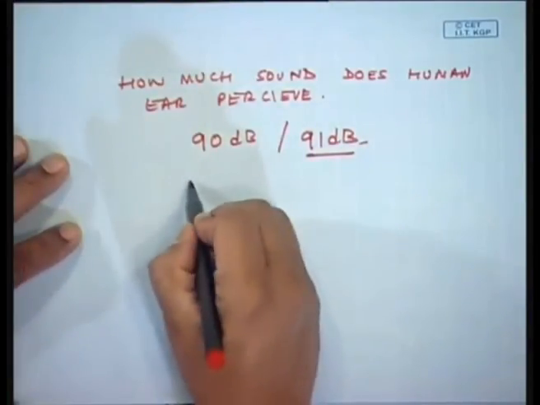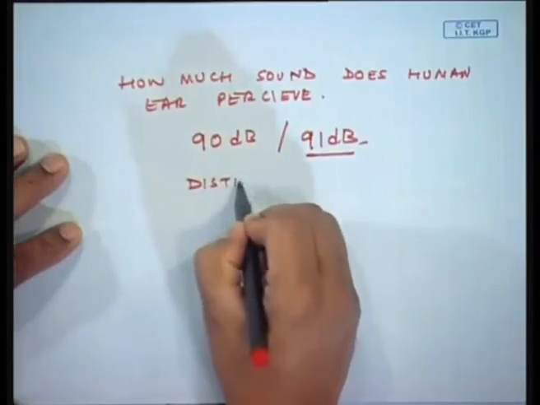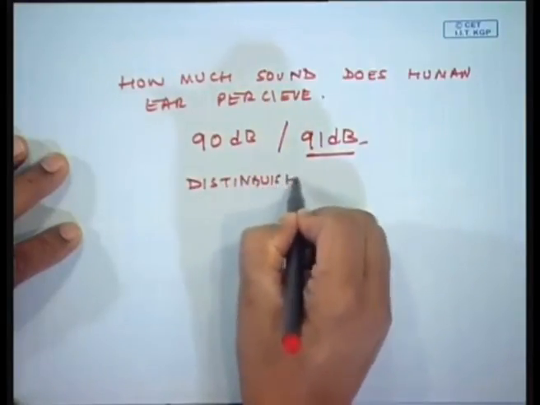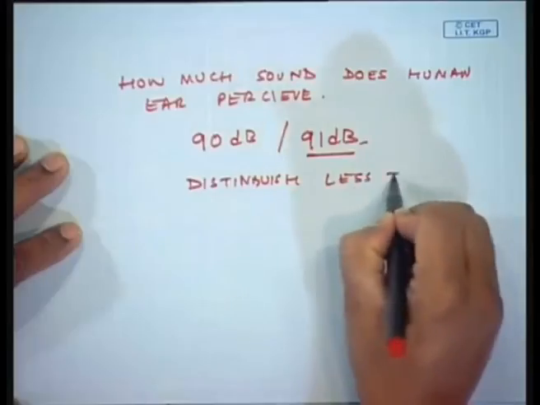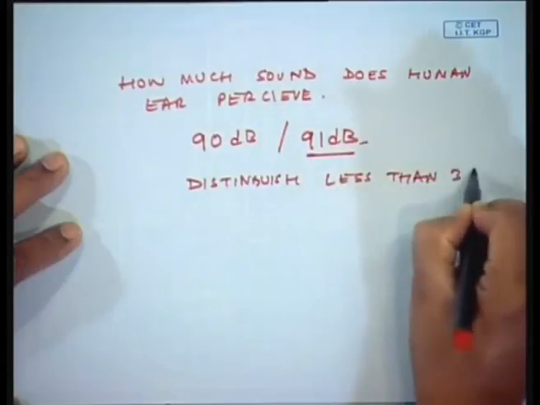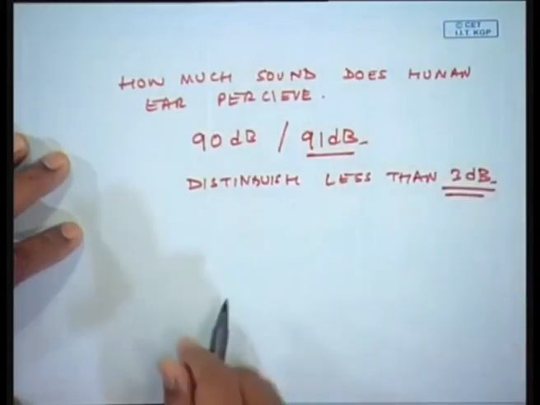A human ear cannot distinguish less than 3 decibel, something you have to keep in mind.